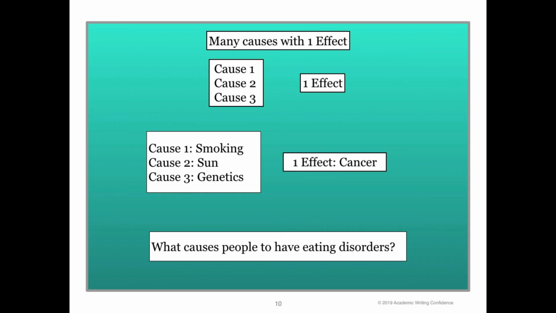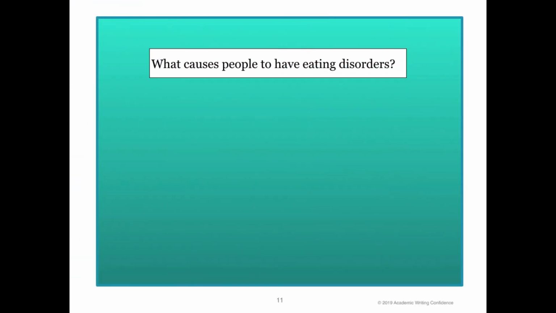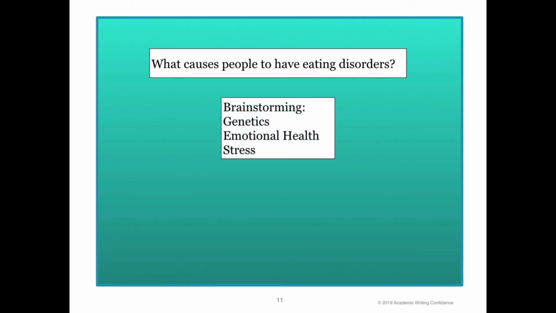Let's take this question and try brainstorming for some ideas. What causes people to have eating disorders? The first thing we need to do is some brainstorming. What are some causes? Now, after some brainstorming or research, perhaps you find these 3 causes: genetics, emotional health, stress.